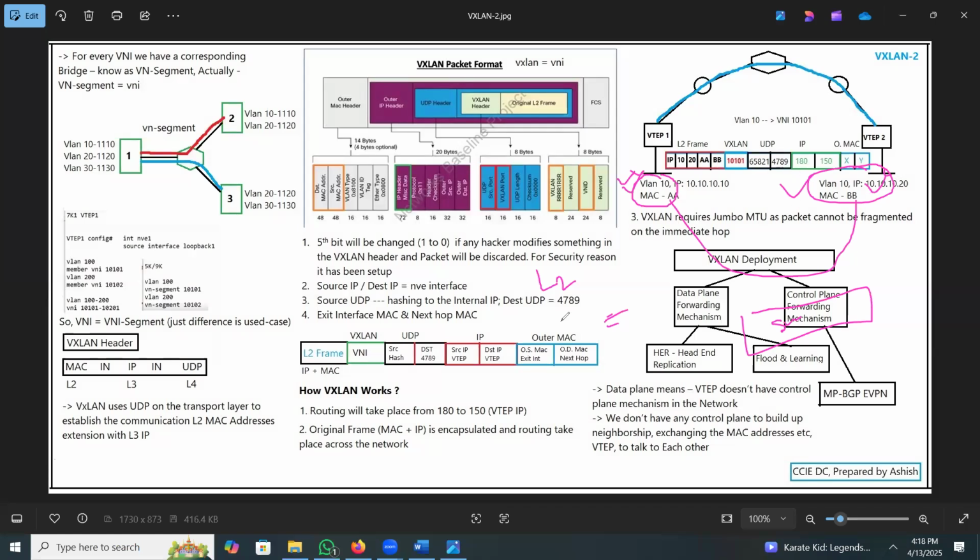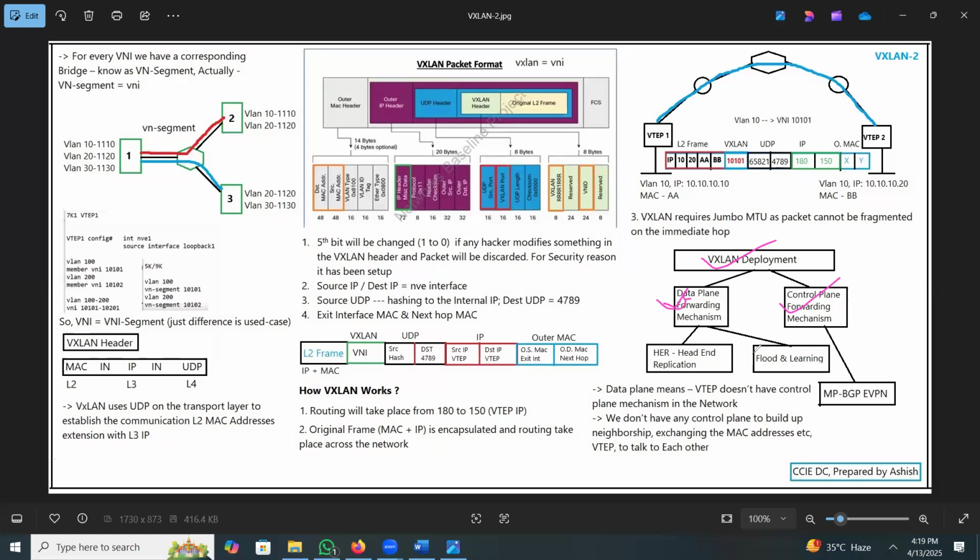But at the end, if you configure the VXLAN tunnel, you will assume all the VLANs are on my same switch. So this is the benefit of the VXLAN tunnel. Okay, so I will describe everything and how we can deploy it. Our VXLAN deployment can use a data plane forwarding mechanism or a control plane forwarding mechanism.